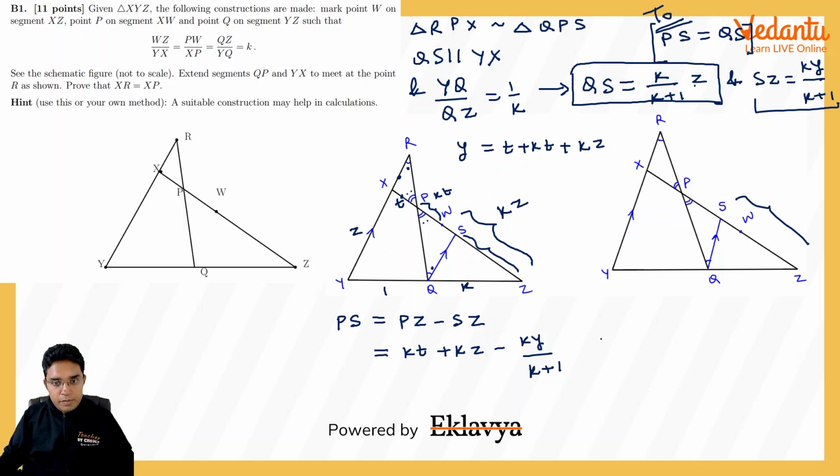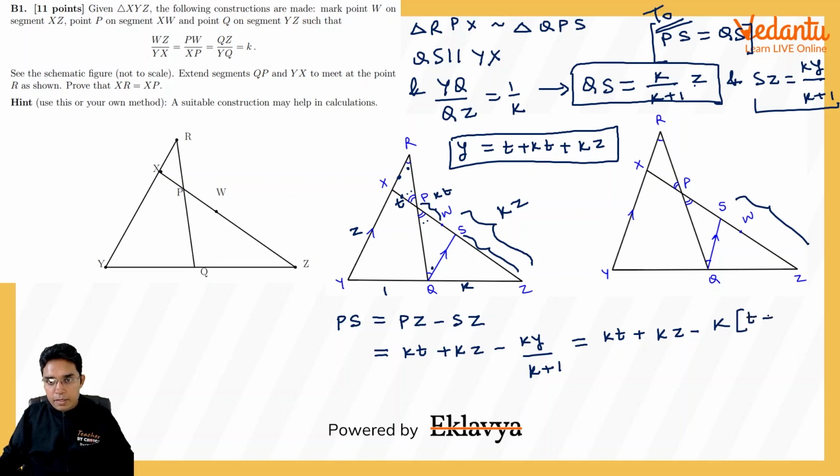You can check. Now what we can do, we can put this y value in this KY upon K plus 1. So what we will be getting is Kt plus Kz minus K common, and y is t plus Kt minus Kz upon K plus 1.